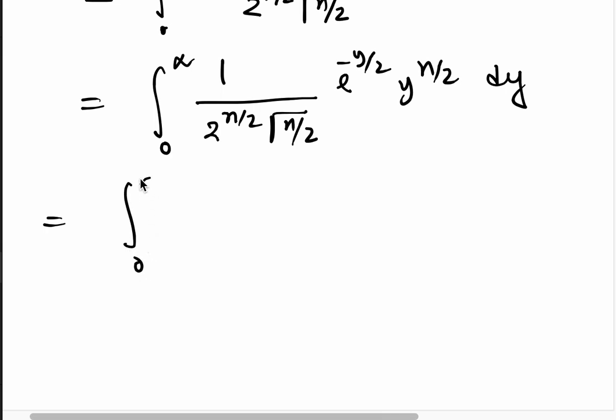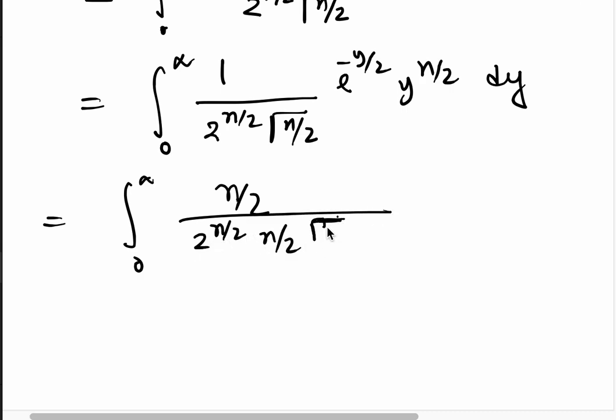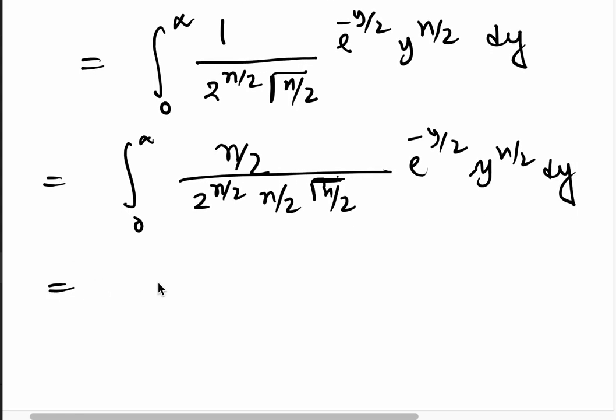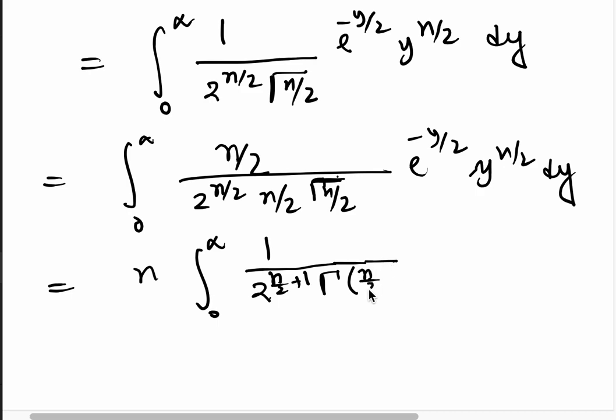So let's multiply upper and lower side both by n by 2. That means n times the integral from 0 to infinity of 1 by 2 to the power n by 2 plus 1, gamma n by 2 plus 1, e to the power minus y by 2, y to the power n by 2 plus 1 minus 1, dy.